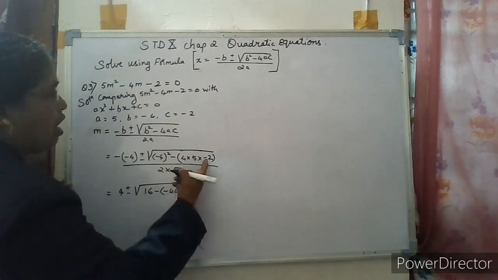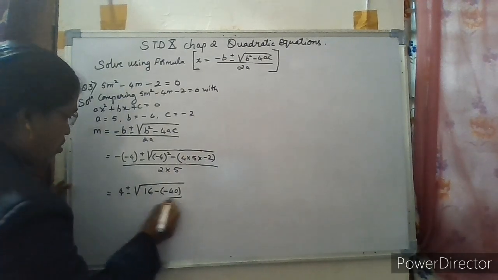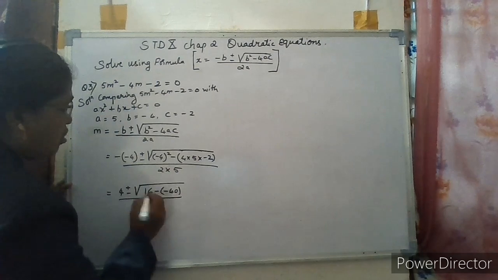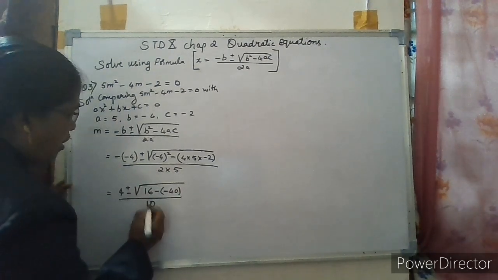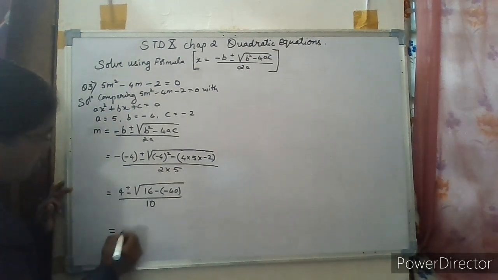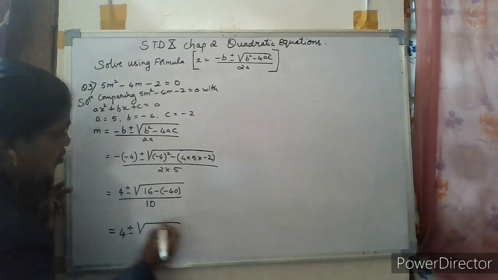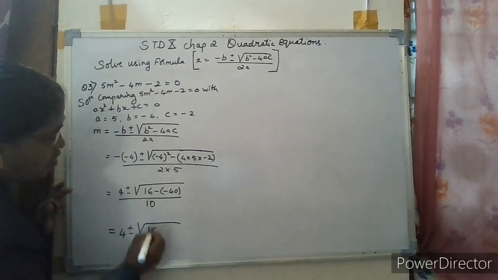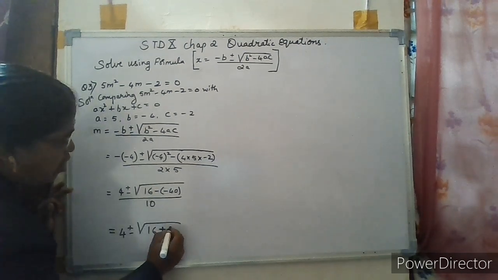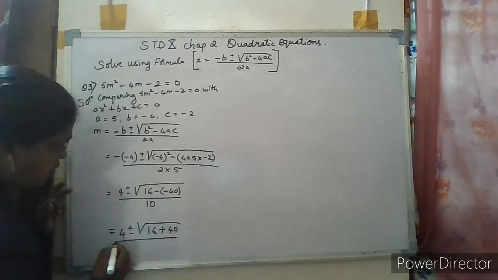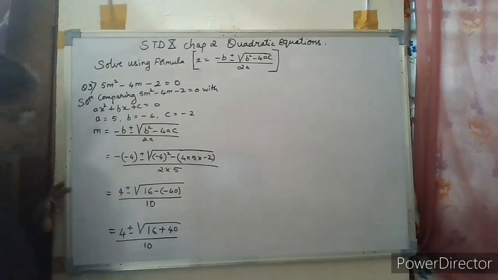Because here we have minus value. Minus sign. So, 2 5s are here 10. Now, this is 4 plus or minus under root. Open this bracket, 16 minus into minus it is plus 40 upon 10.